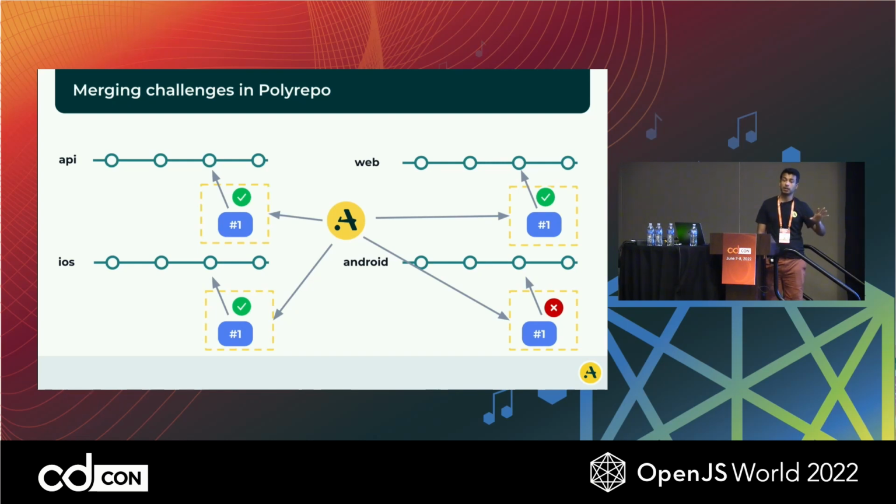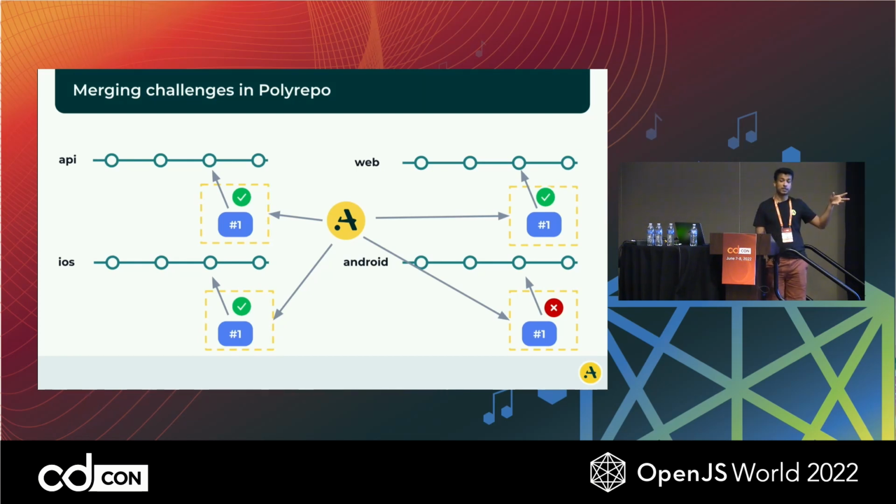So there are cases in polyrepos where you may have a dependency on some other repository. The example I was giving with APIs: these are the APIs you have to call from iOS, these are the APIs you have to call from Android, and these are the same APIs you have to call from the front end. So if you're modifying the API itself, that means you'll have to modify it everywhere else.